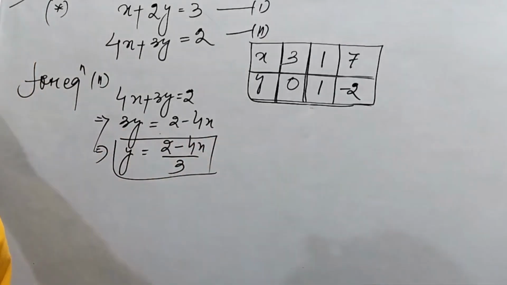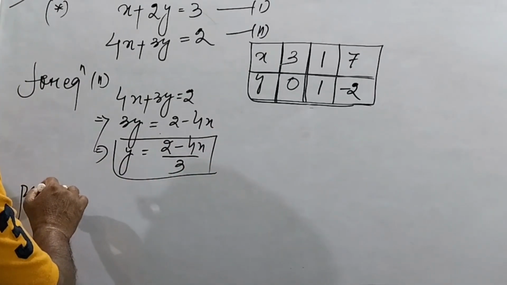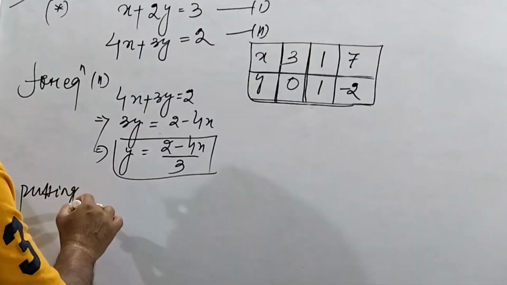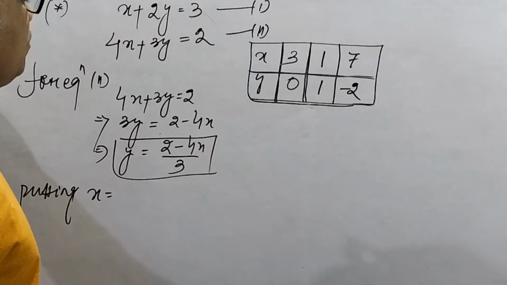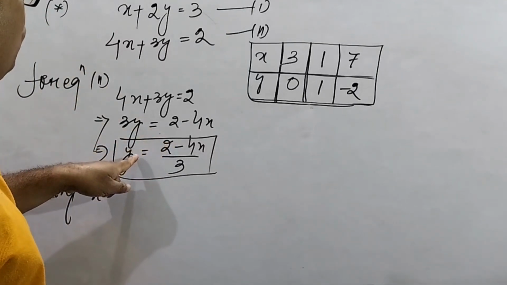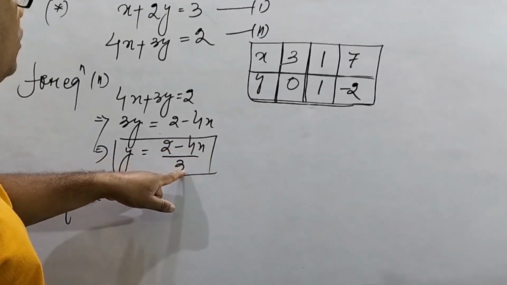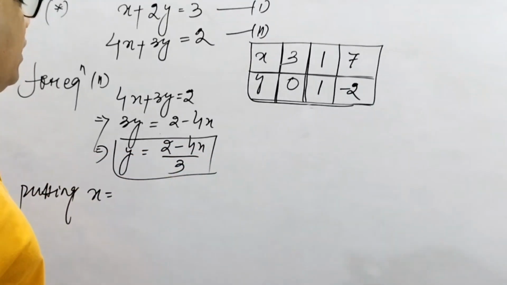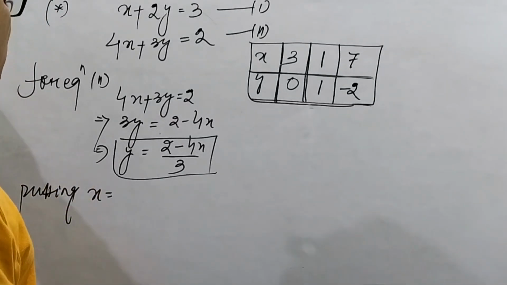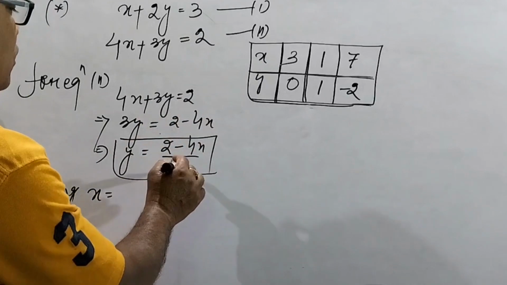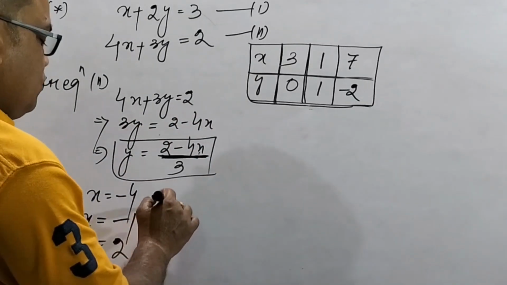Now putting x equals, before putting the values of x, you have to just consider the equation. Here 2 minus 4x is on the right side, so that should be divisible by 3. It will be very easy to draw the lines in order to get the coordinates of x and y.